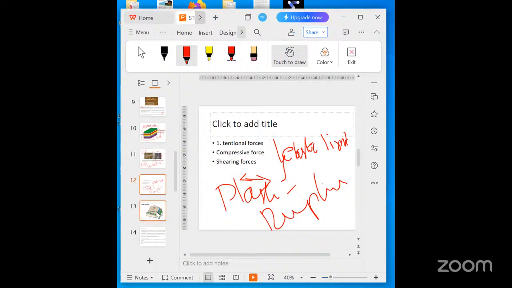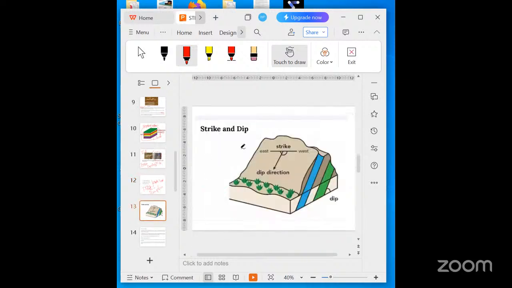Now the important thing is strike and dip, or dip and strike.